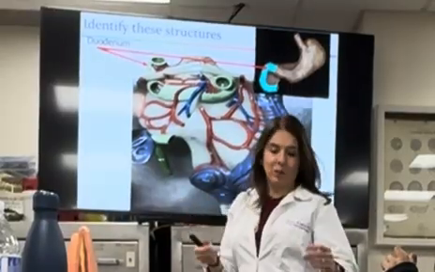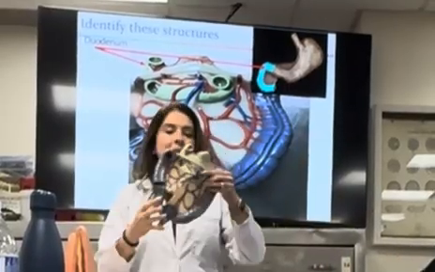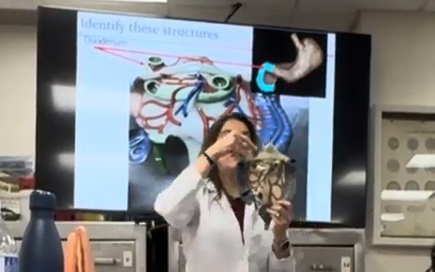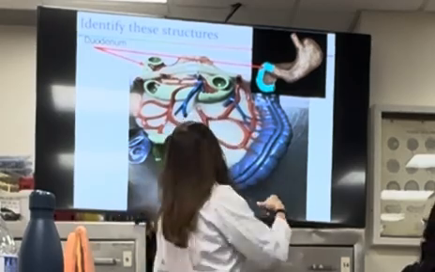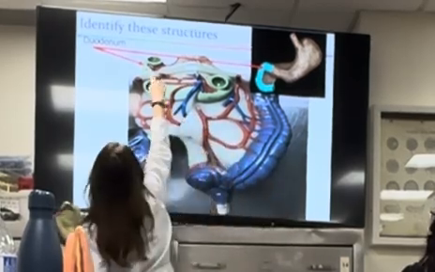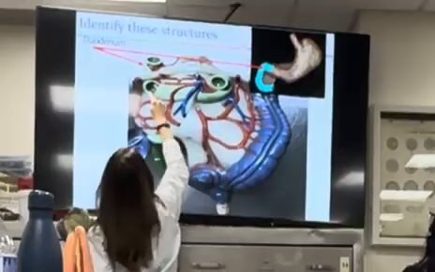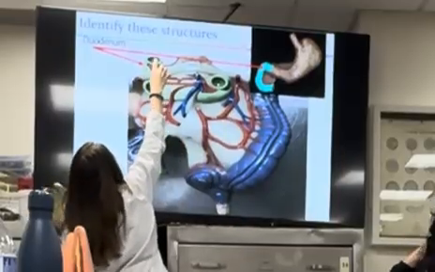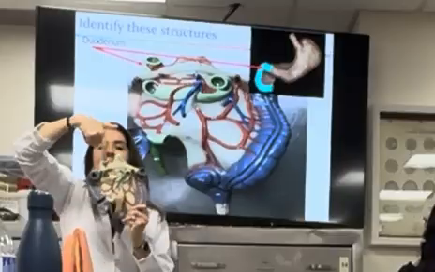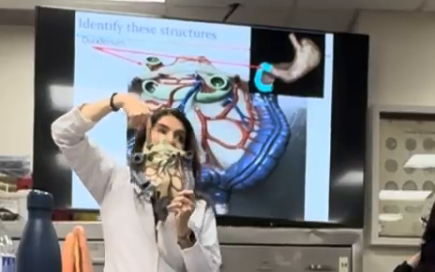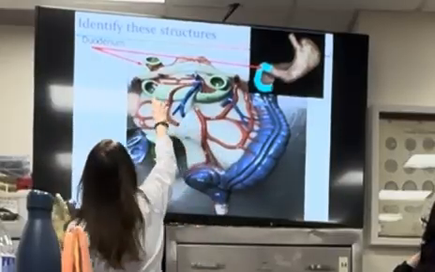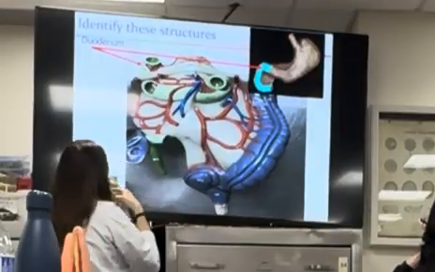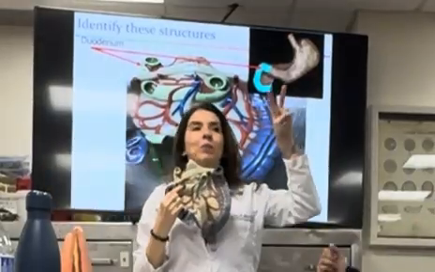Okay, so let's now look at the model. This is the model that we have here. So this is the duodenum, this C-shaped structure. What will arrive right here? Chyme from the stomach. And what will arrive here in this pink area, the major duodenal papilla?